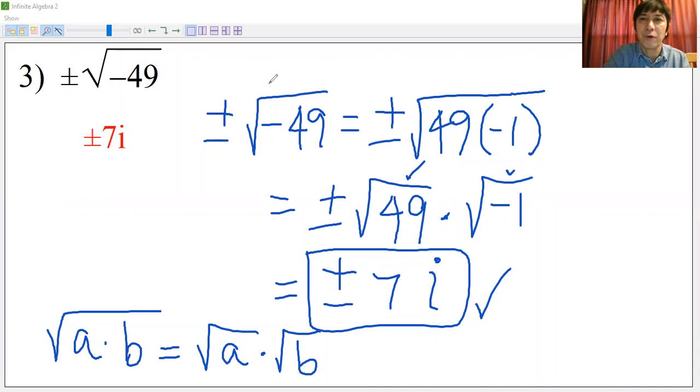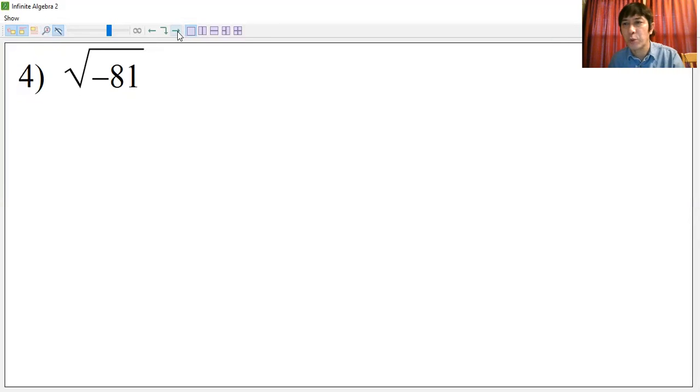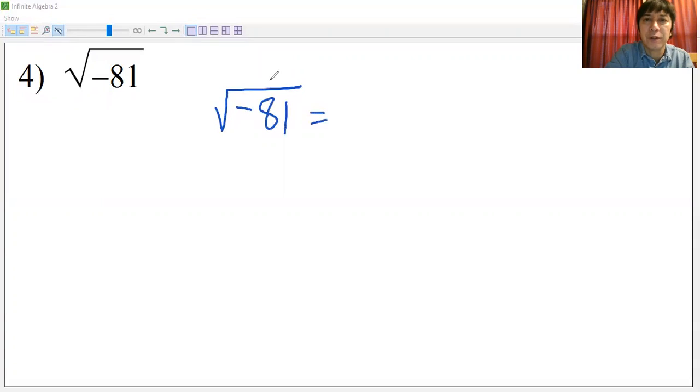Let's have number 4. Okay. Here's number 4. Square root of negative 81. So that means we have a negative 1 there and an 81. So this is square root of negative 81. This is square root of 81 times negative 1.